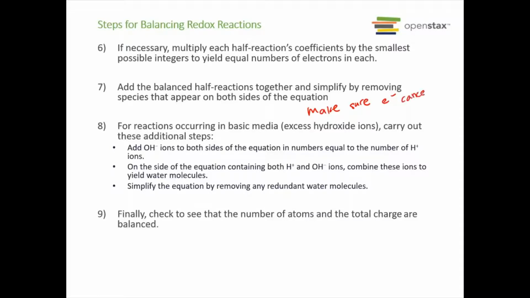They'll be on the left side of one half reaction and the right side of the other. You need to make sure you have equal numbers of electrons. Okay, so step 7 is the end for acidic conditions. If you're told to balance in acidic conditions, you go through step 7.